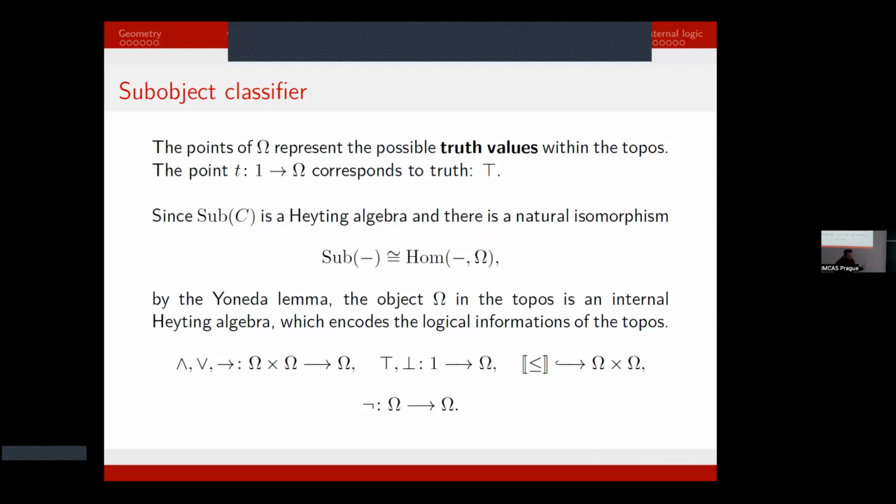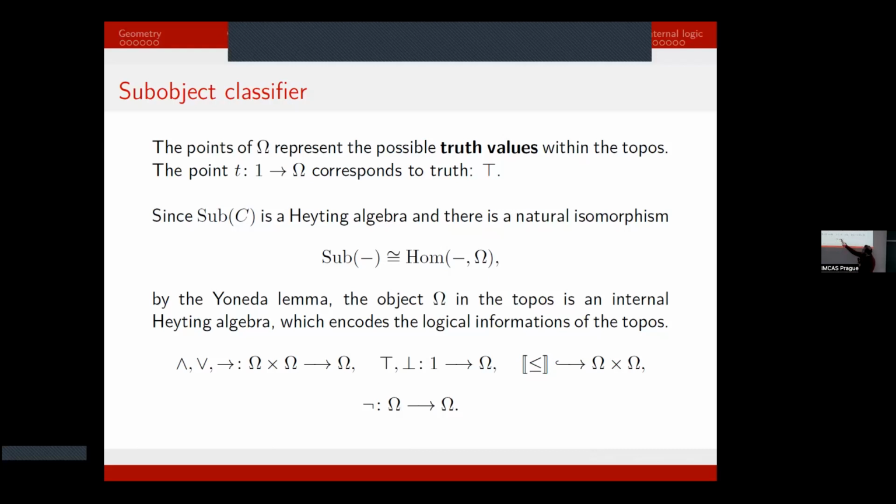But what Yoneda's lemma gives us more is that every Heyting algebra operation on this functor translates into an internal Heyting algebra operation here. So we had a way of taking joins, meets, implication inside of this Heyting algebra. This translates into an internal morphism in the category from omega times omega to omega.